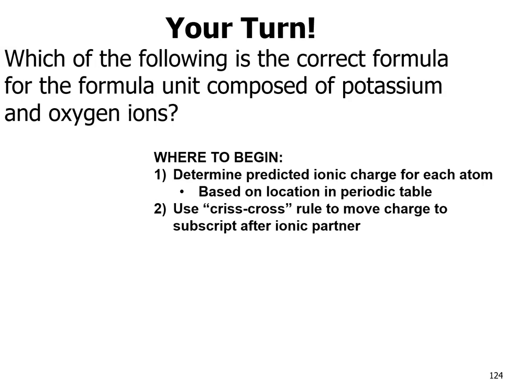What are the typical charges for potassium based off of where it is on the periodic table? What about oxygen? If you don't remember, you might have to go to a previous PowerPoint presentation, the last one, where we talked about the charges and some of the expected patterns for how charges are set up on the periodic table. Use the crisscross rule to move those charges to the subscripts, and then that should give you the answer. So upload your answer in our discussion board.